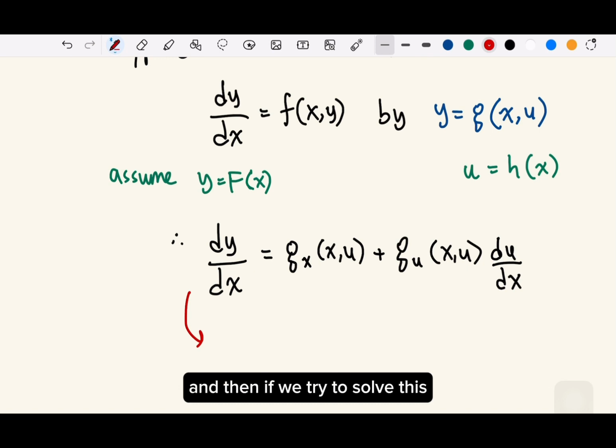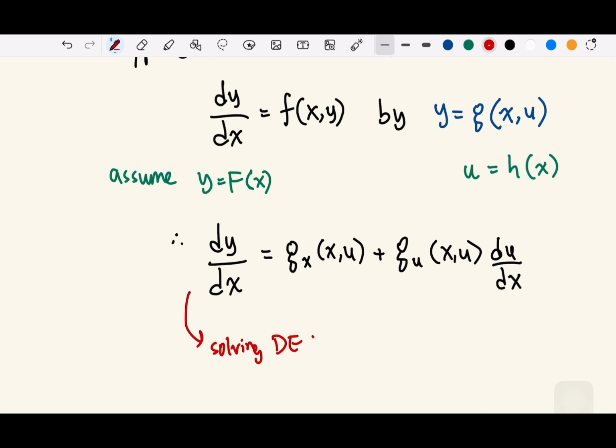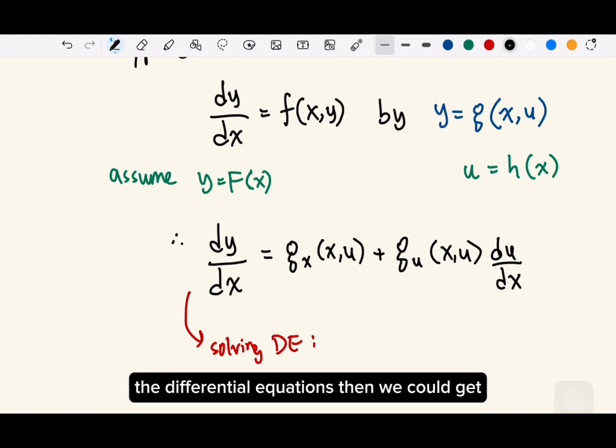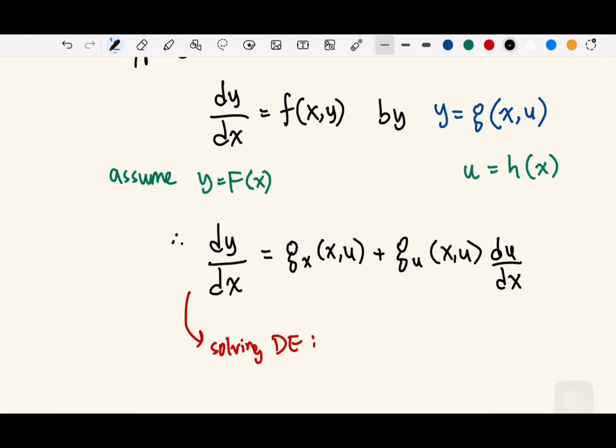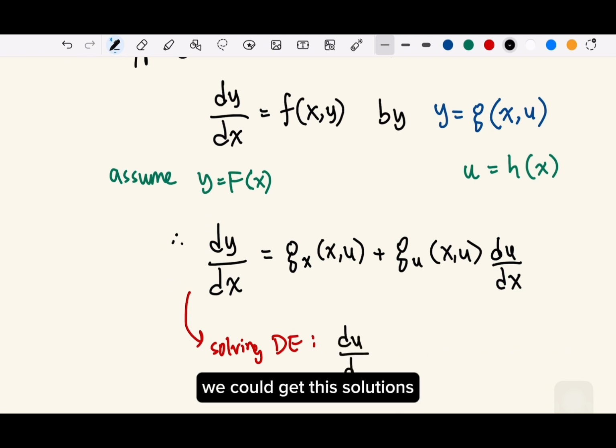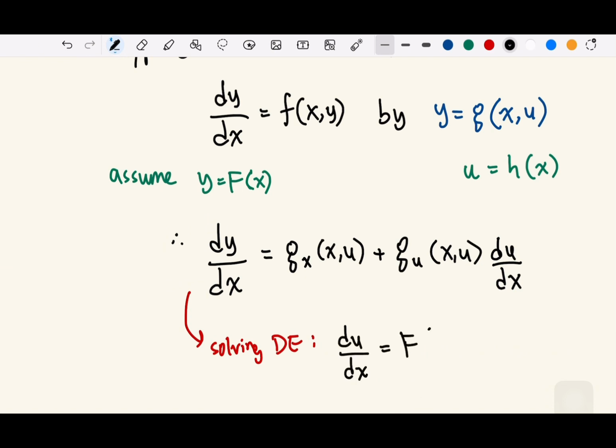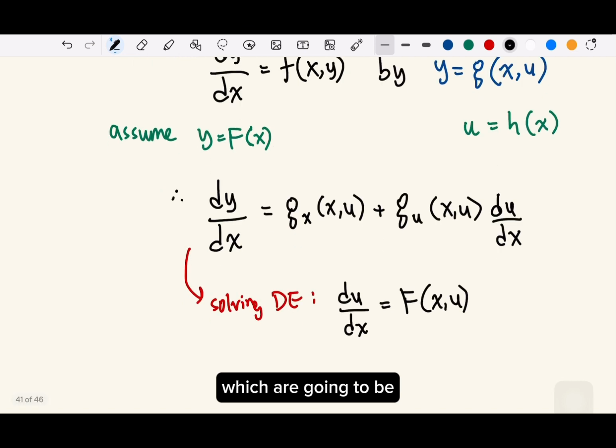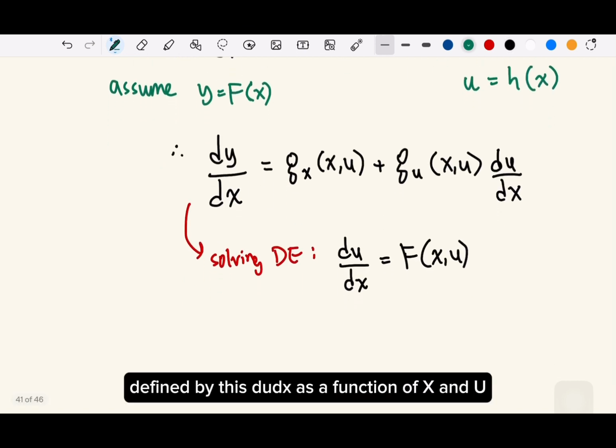If we simplify it and solve the differential equation, we get a solution defined by du/dx as a function of x and u.